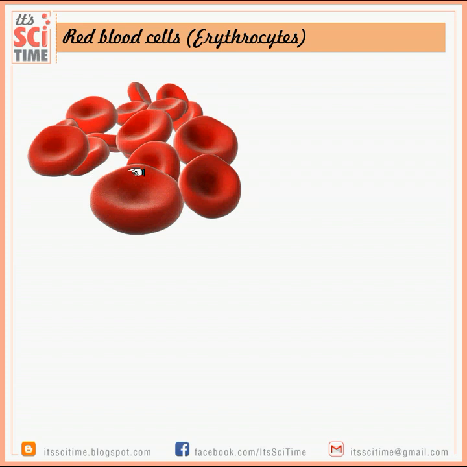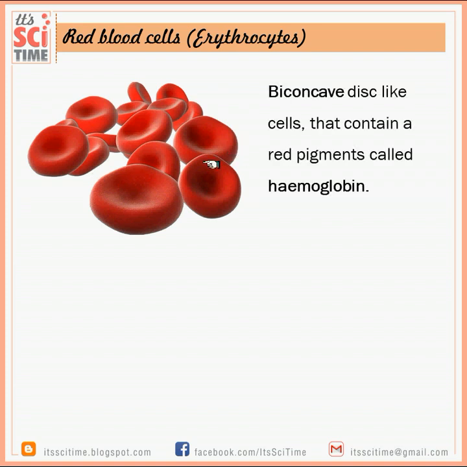From both sides they show a concave appearance. Biconcave disc-like cells contain a red pigment called hemoglobin. They look red because of the hemoglobin pigment. Pigment means colorful substance. And these hemoglobin molecules are the ones responsible for carrying oxygen.